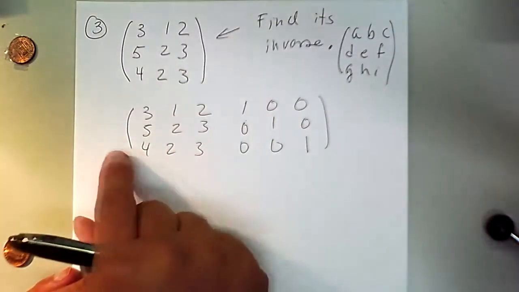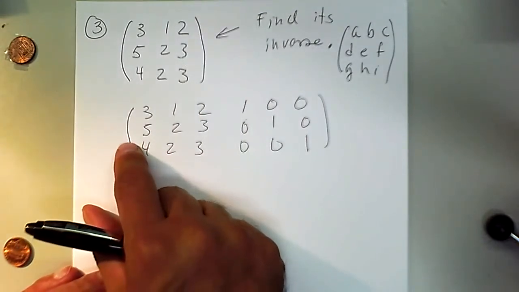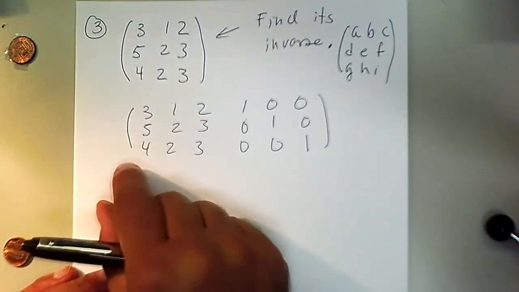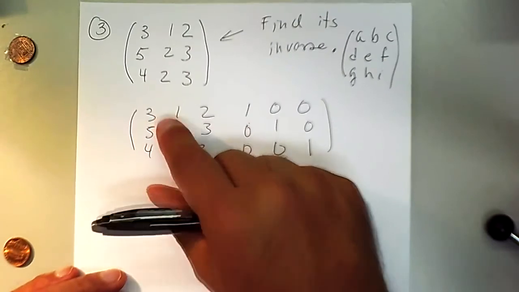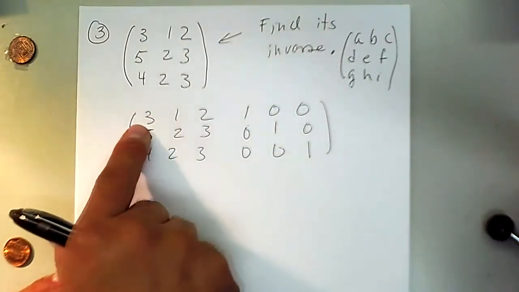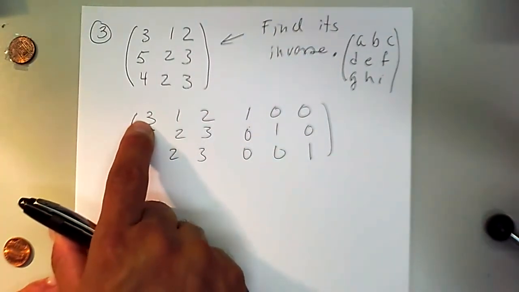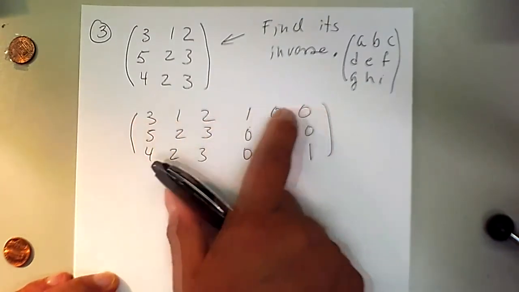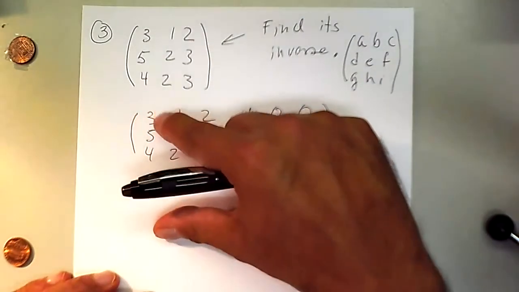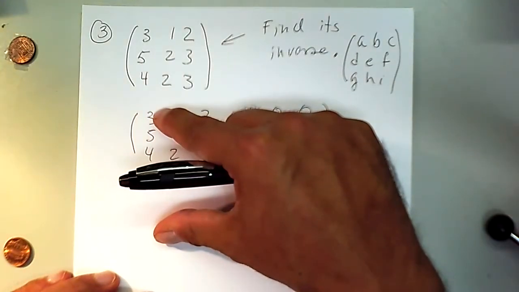Anyway, now I like to take some shortcuts, or I like to be a little sneaky about this. Technically speaking, the proper process states that we have to divide by 3. If we divide by 3, that will make this a 1.